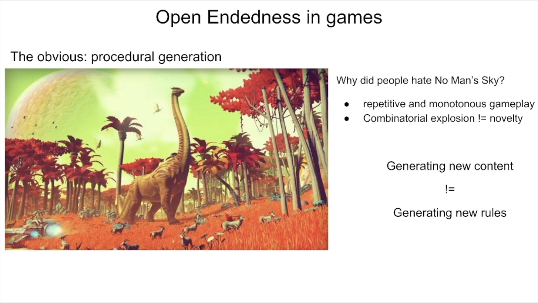All of the colors are gray, but they're slightly different grays. This is really not the same as saying I have an infinity of novel colors, because after black and white I introduce red, for example. So there is a component of novelty that is really hard to define and to obtain in simulation. Generating new content is not the same as generating new rules.